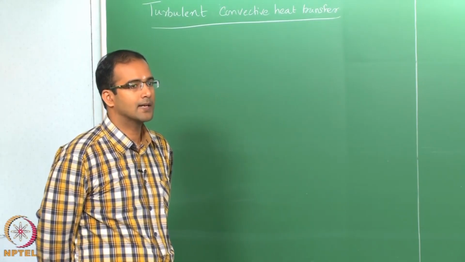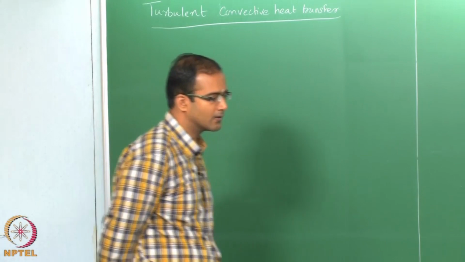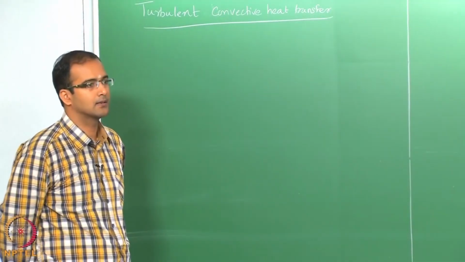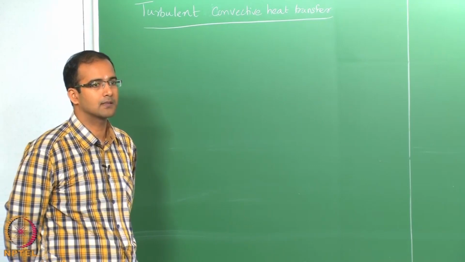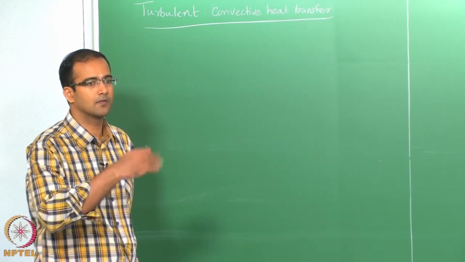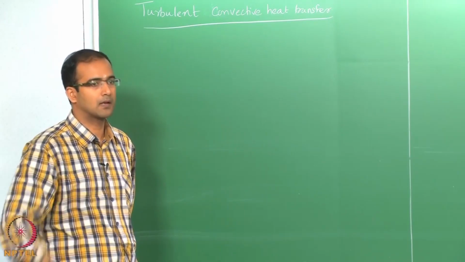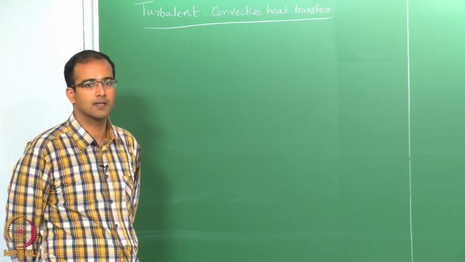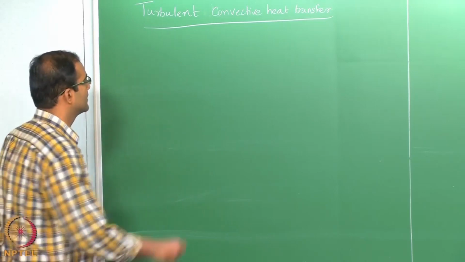So, let us quickly look at the corresponding range of the flow parameters, which will classify the flows as either laminar or turbulent. As you all know, in the forced convection case, this is the Reynolds number.